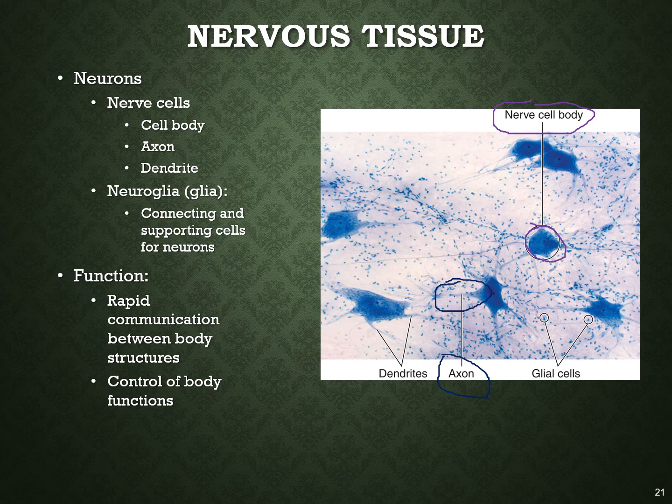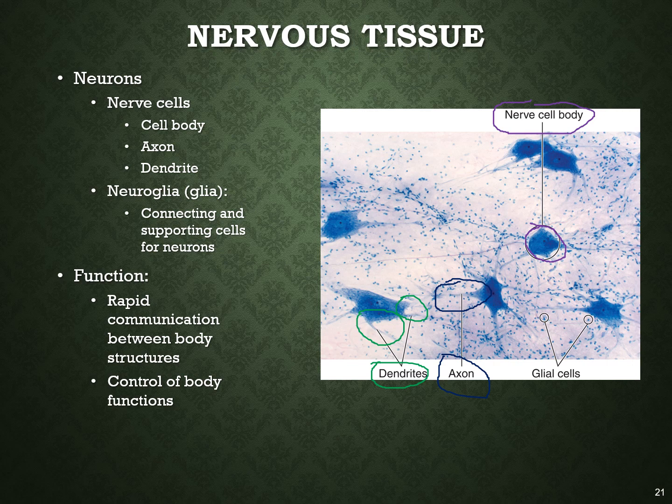There's one axon per neuron, and the job of the axon is to carry nerve impulses away from the neuron to the next neuron in line. The third part is the dendrites. Now, while there's only one axon carrying information away, there are multiple dendrites per neuron receiving information into the cell body.